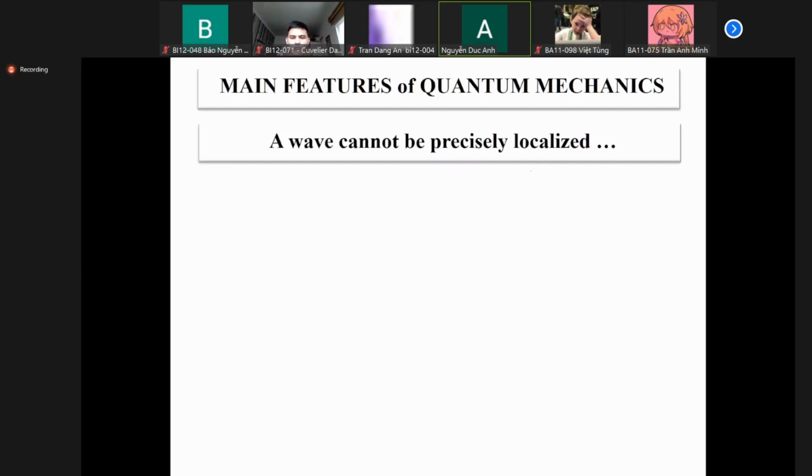Firstly, for quantum mechanics, the main feature will include that a wave cannot be precisely localized. What does this mean? A wave cannot be precisely localized because the particles here still have a mass.